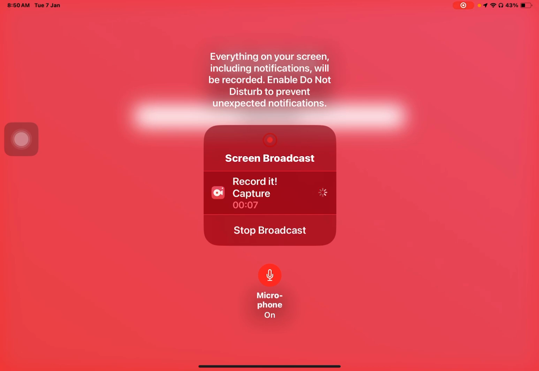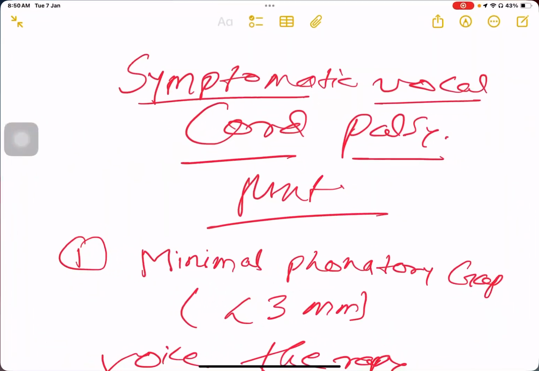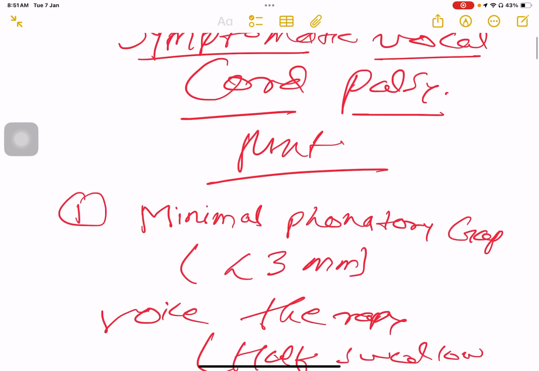So today we are going to discuss one of the important topics in ENT practice, that is management of symptomatic vocal cord paralysis. So how do we manage a case of symptomatic vocal cord palsy? It depends on the phonatory gap.